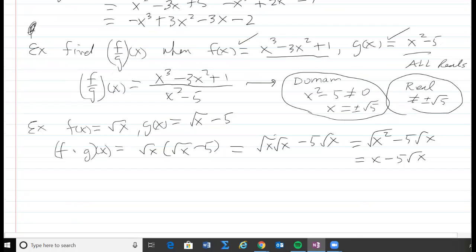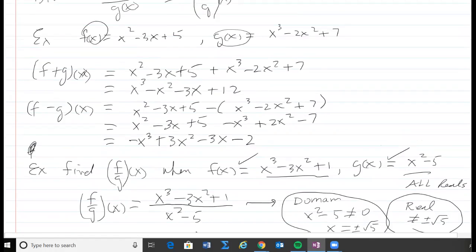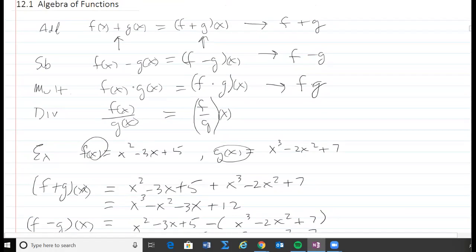There is one more type of function that we're going to talk about. I'm going to add a page to this. Oh, by the way, just go back to that last. These functions that we just talked about, we did the addition, subtraction, multiplication, division.